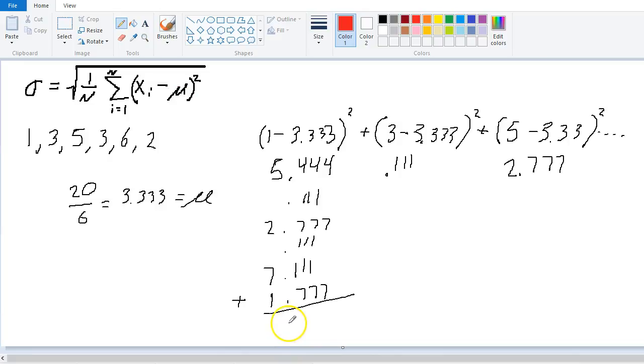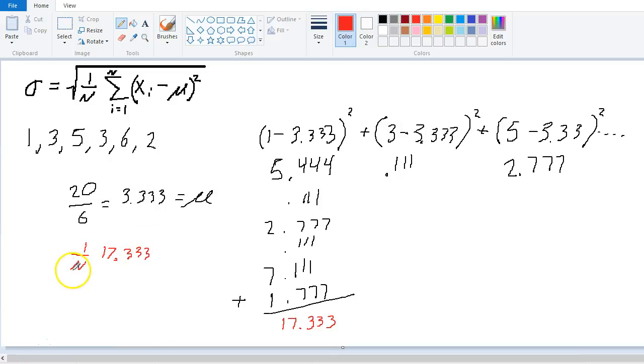We don't use Greek letters too much in a lot of places anymore, but back when the Greek letters were the thing, that's when they came up with that. So we now know what sigma of x minus mu squared is. That's 17.333, which means we now have 1 over n times 17.333.